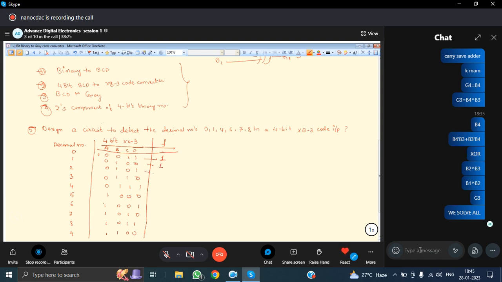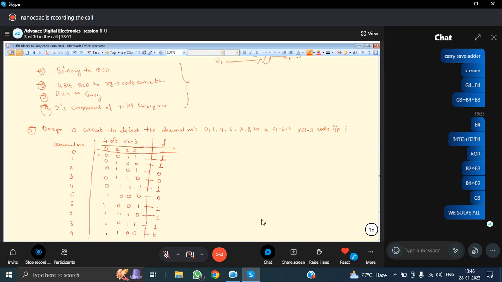Next 4. Where is 4? This is your 4. Put 1 here. Next, after 4 comes 6. This is 5 so 0. This is 6 so 1. After 6 comes 7 so 1. For 8, 1, and for 9, 0.